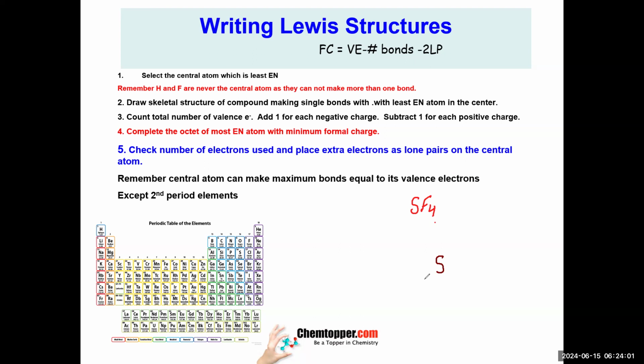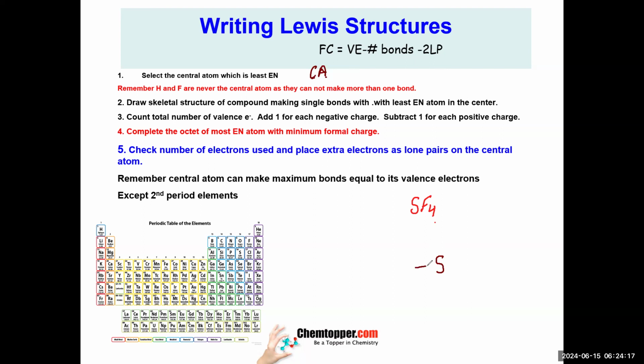Then make the skeleton. For the central atom, you can write CN. CA, central atom as I'm asking you to memorize the rules now.